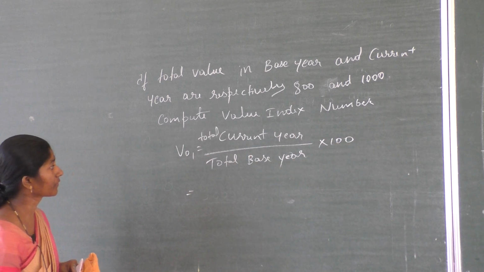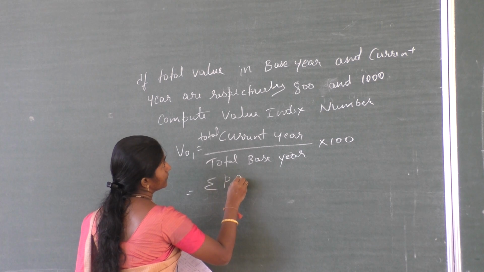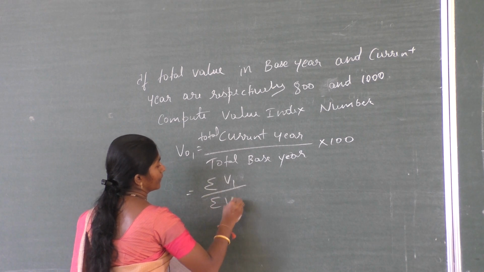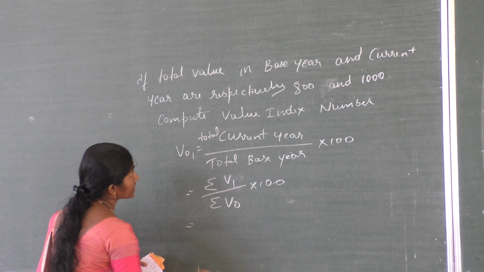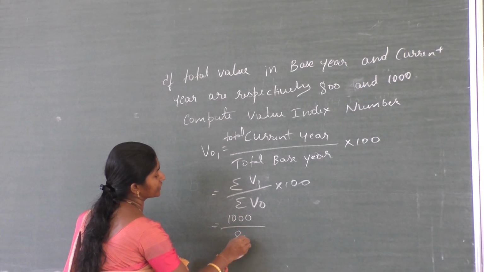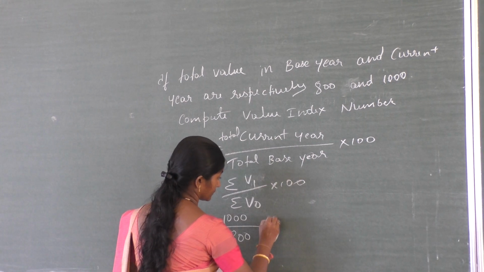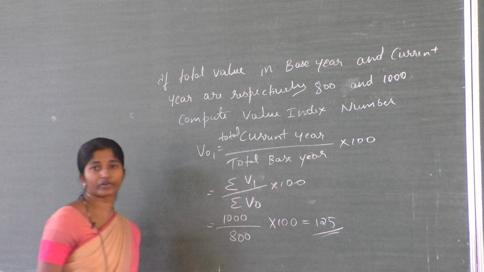Total current year equals 1000, divided by base year, that is 800, into 100. Answer: 125. This is the 125.